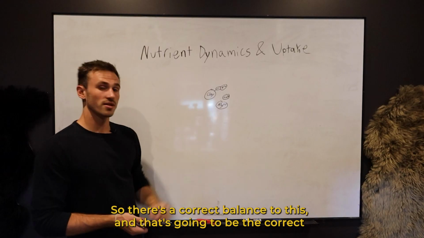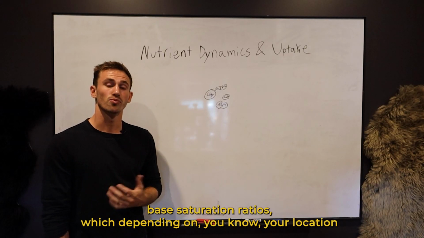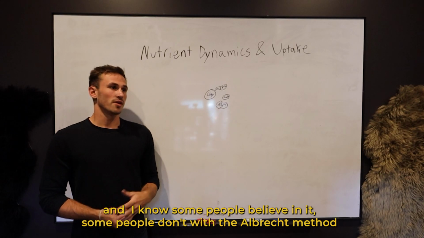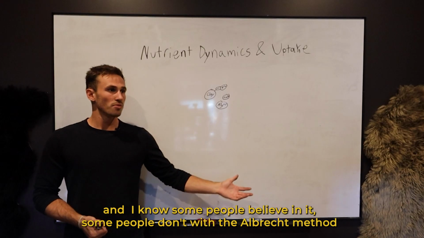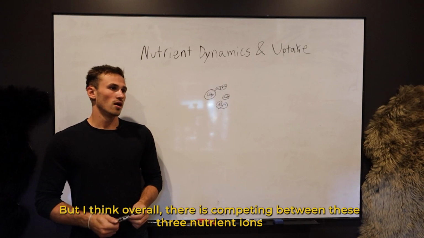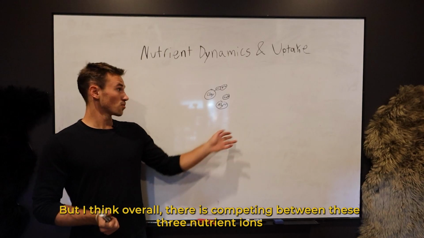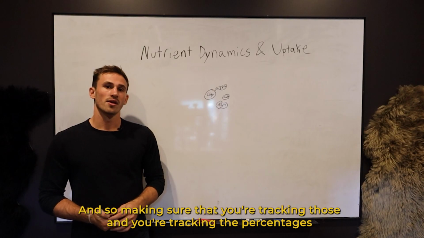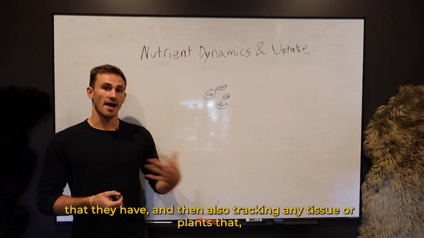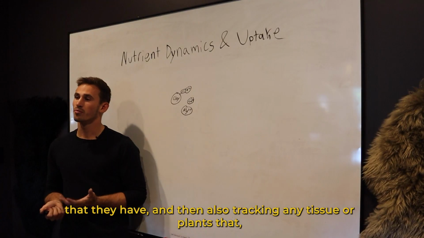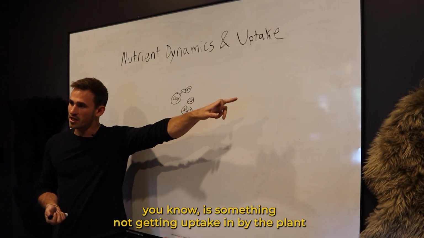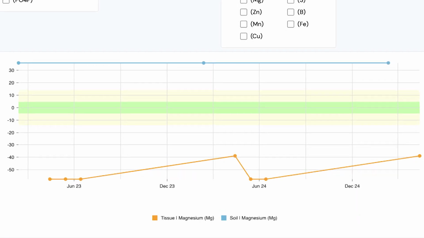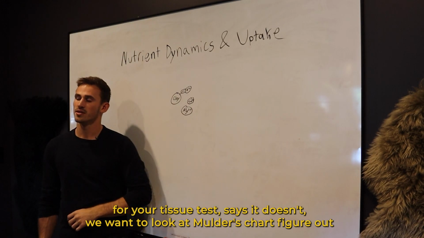So there's a correct balance to these, and that's going to be the correct base saturation ratios, which, depending on your location, and I know some people believe in it, some people don't with the Albrecht method, but I think overall there is competing between these 3 nutrient ions, and so making sure that you're tracking those and you're tracking the percentages that they have, and then also tracking in a tissue or plant sap, is something not getting taken up by the plant? This is one thing to look at if your soil test says you have an adequate supply of a certain nutrient, but your tissue test says it doesn't.